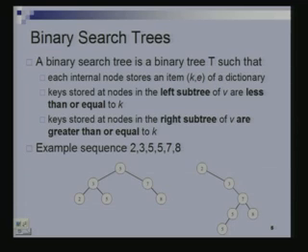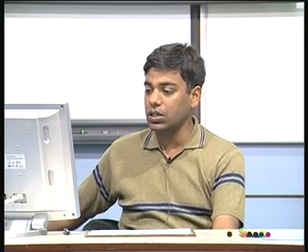And now there is a search property that we are talking about. Each node is going to contain a key and an element. In the discussion that follows, we will not be talking about the element at all, we are just interested in the keys. So, what is written on the nodes are the keys. Now, what is the binary search property?